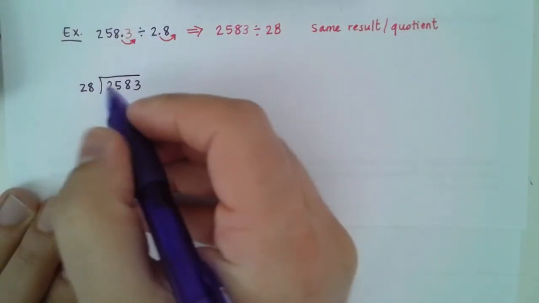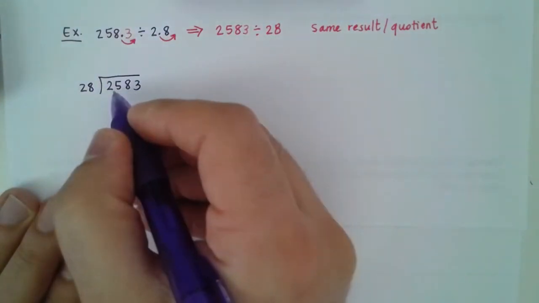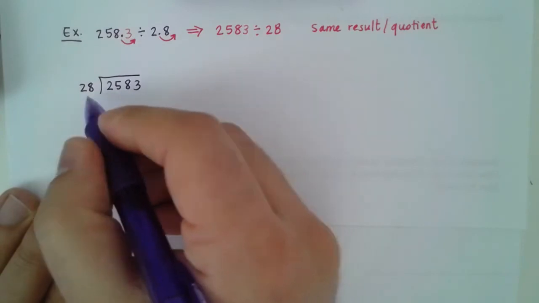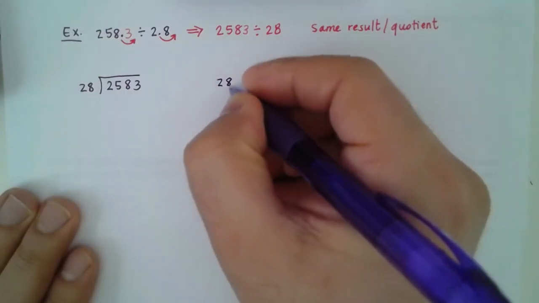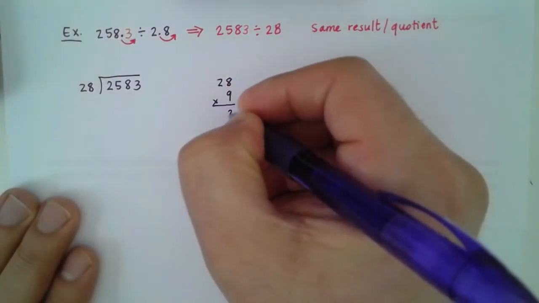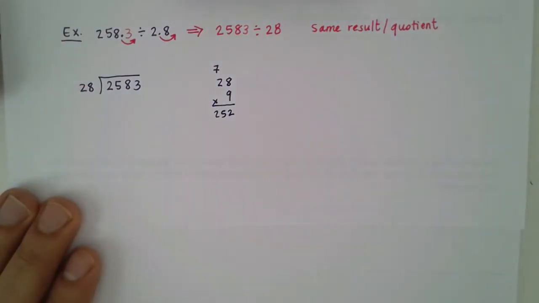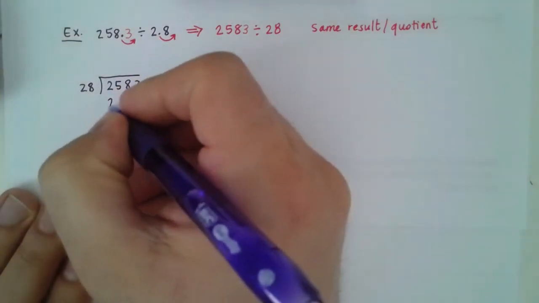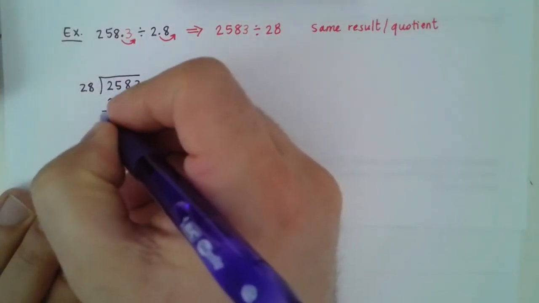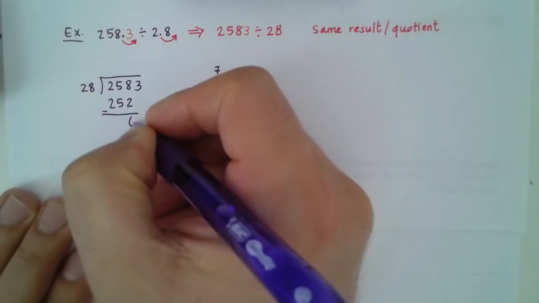28 is not going into 25, but 28 goes into 258 9 times. You can check 28 times 9. 72, carry the 7, and we got 252. We're not using a calculator, so that's why we do all this by hand. So 252, subtract, we got 6.